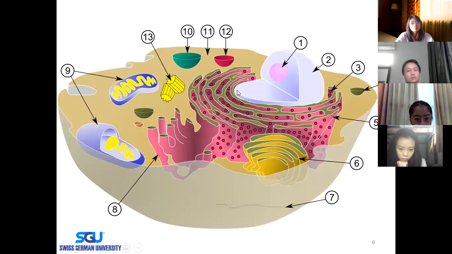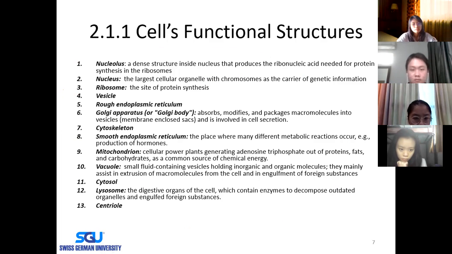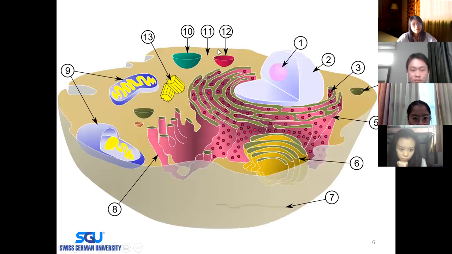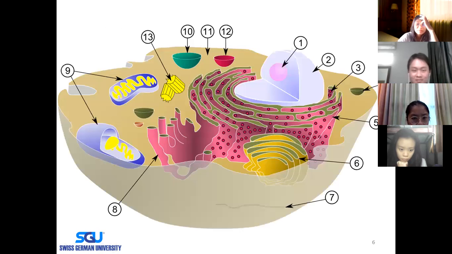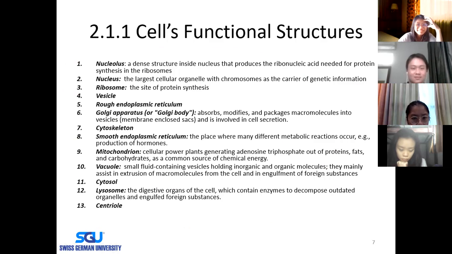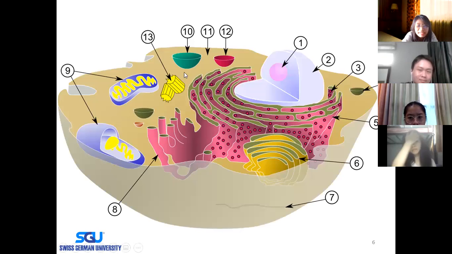Cytosol is basically the liquid within the cell, the cytoplasmic liquid. Then the lysosome, number twelve here, smaller than the vacuole. The lysosome is the digestive organ of the cell, which contains enzymes to decompose outdated organelles and engulf foreign substances. Then thirteen is the centriole.